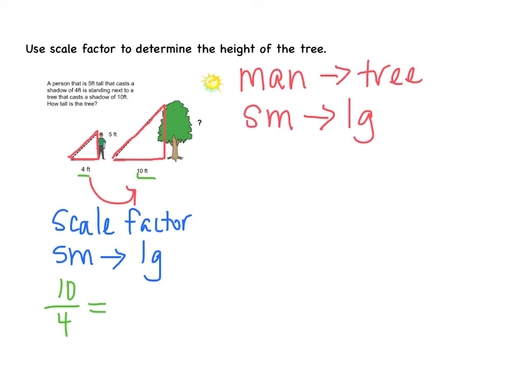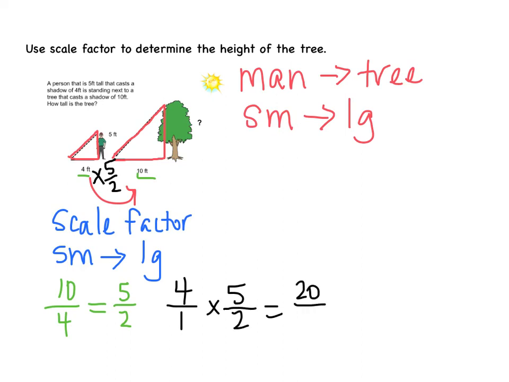So 10/4 I'm going to simplify to 5/2, and I could also simplify that to 2.5, but I prefer improper fractions. So what I'm saying is that my scale factor is 5/2. So what this means is that 4 over 1 times 5/2 should give us 10 feet. And that's 20 halves, and that is 10 feet.